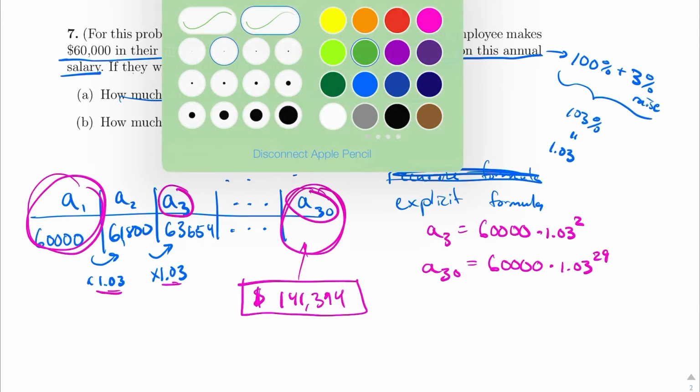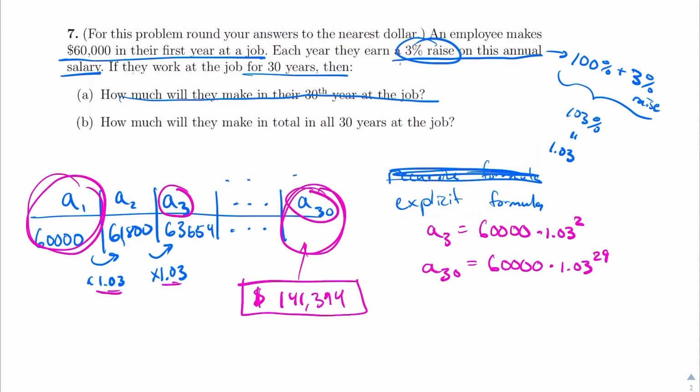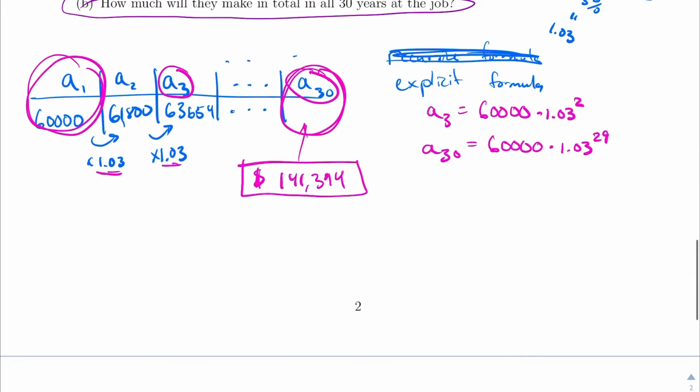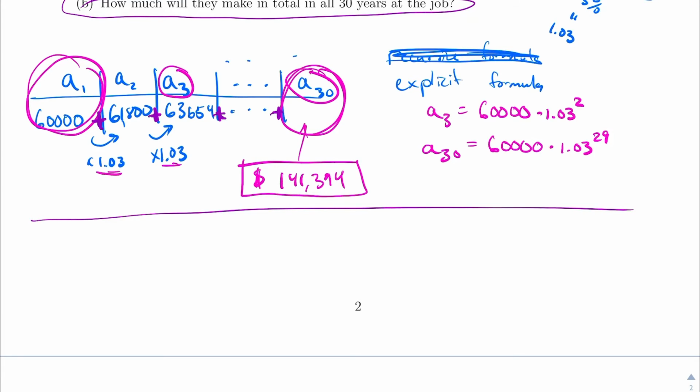Now, part B gets at a really interesting follow-up question, which is how much will they make in all 30 years at the job? So it looks like what we're supposed to do is add up all of the years to get their overall salary. When we add up all the years, that starts to sound a lot like a series.